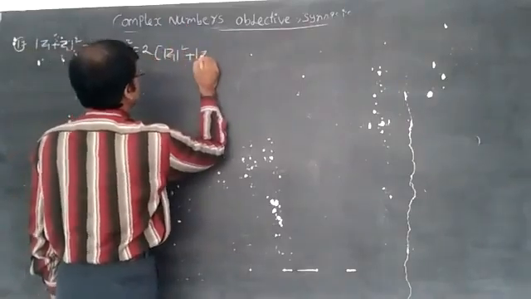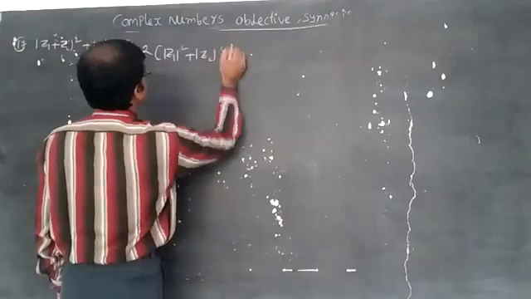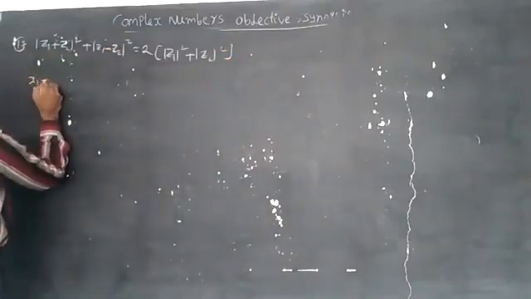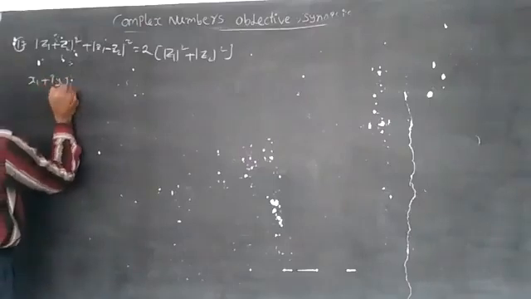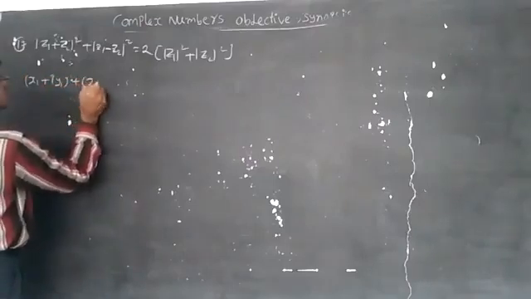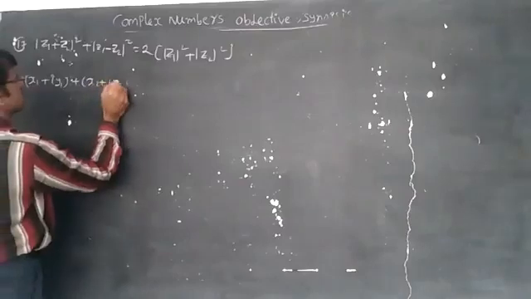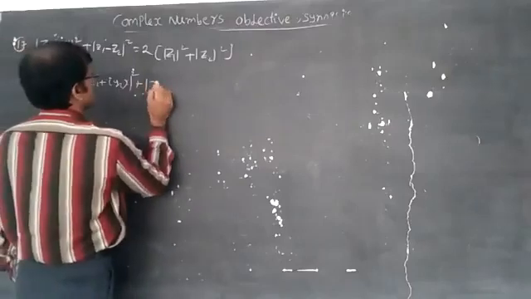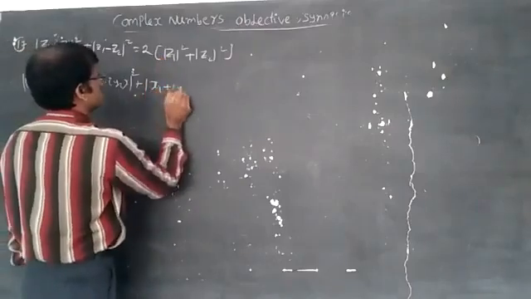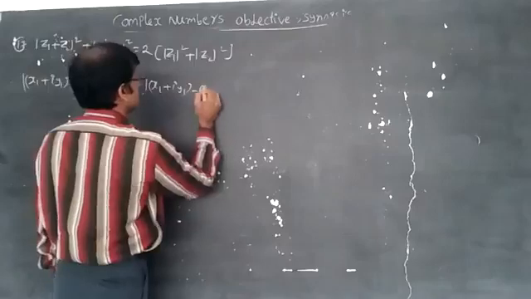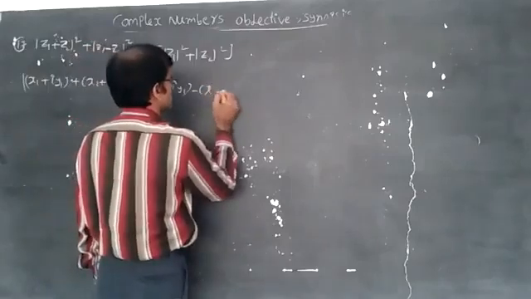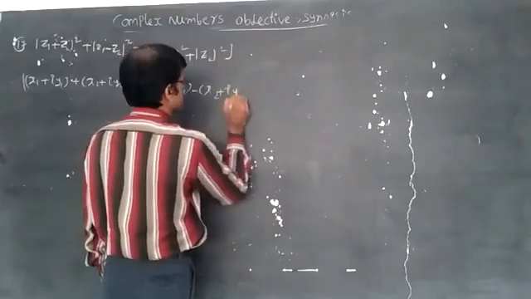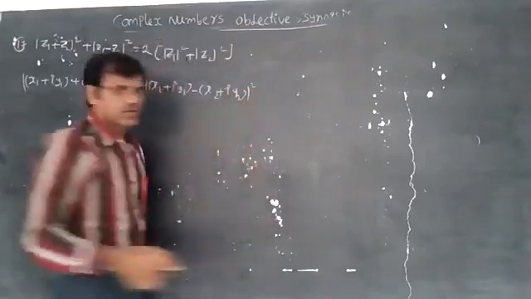2 into modulus of z1 square plus modulus of z2 square. So write here modulus of z1 is x1 plus i y1, plus modulus of z2, which is x2 plus i y2. Take a side, and this is x1 plus i y1 minus x2 plus i y2, total whole square.